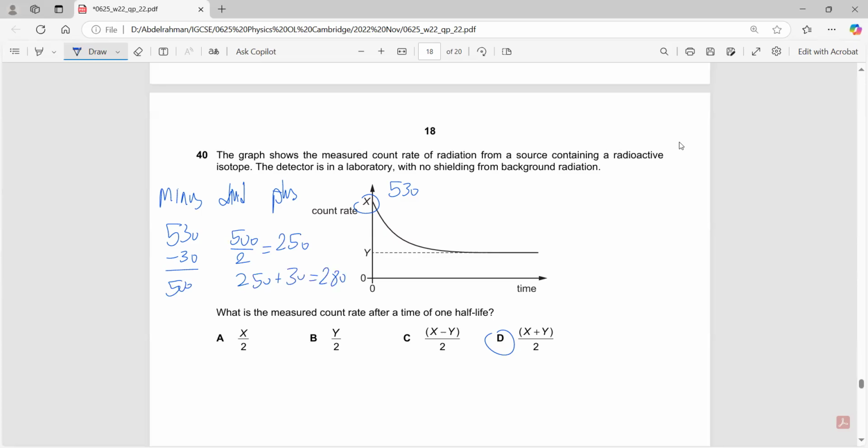For this answer, all you need to do is 530 plus 30, which is 560. If you divide it by 2, it would be 280 again. So 280 is how you can find the half-life. Okay?